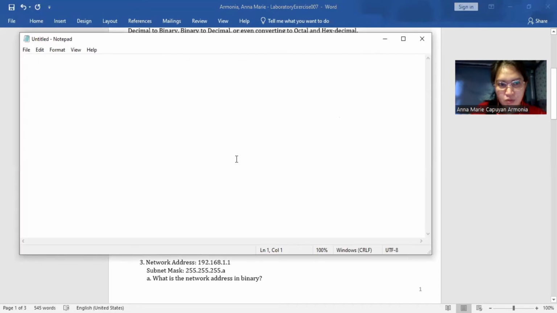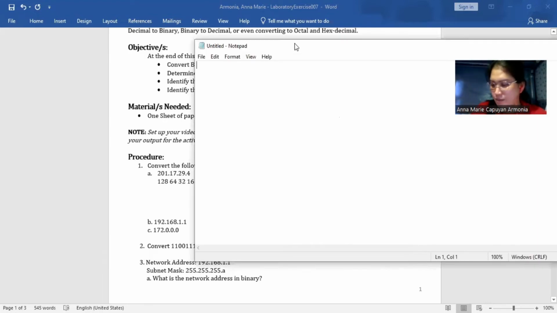I'll be using this notepad to show how I am calculating the binary. So let's start at 201. We have to deduct the 128.